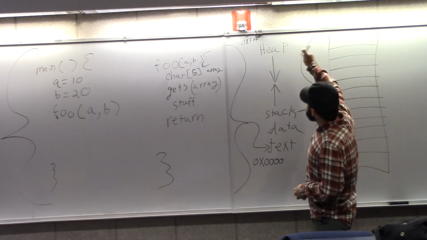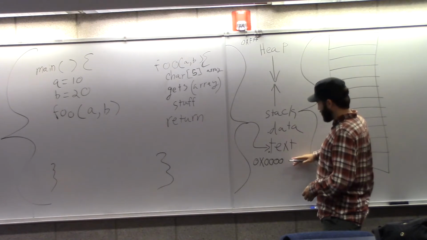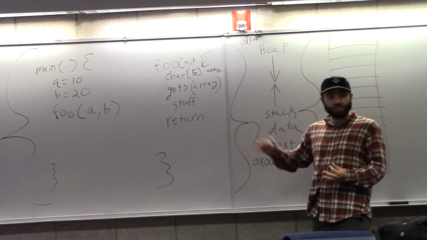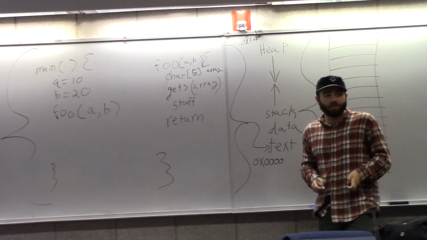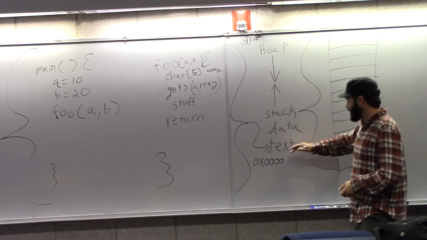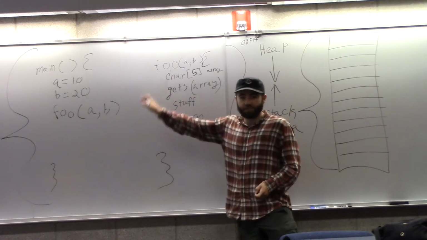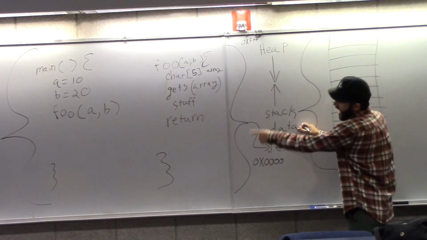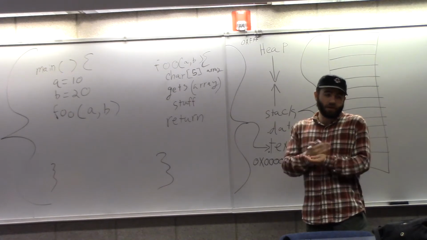So here's the layout in memory of what a program looks like. For computers, everything is binary and everything is in the same area. You'll have the .text section, which is all of this compiled down into machine code, ones and zeros. Then you'll have data, which we don't actually have in here, but think of values that don't change.